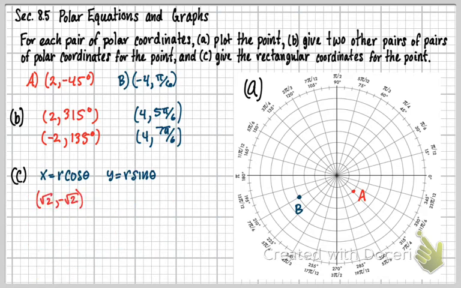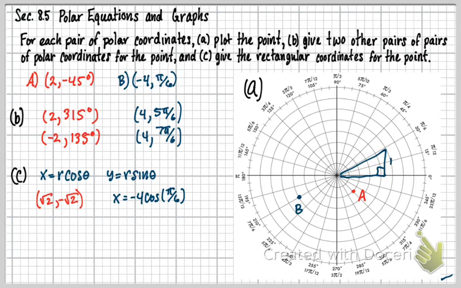Now we're going to find the other one, using these same two equations. For our x, we're going to get x equals -4 cosine of pi over 6. And then do I know the cosine of pi over 6? So I think about this right triangle here. That's 30 degrees.